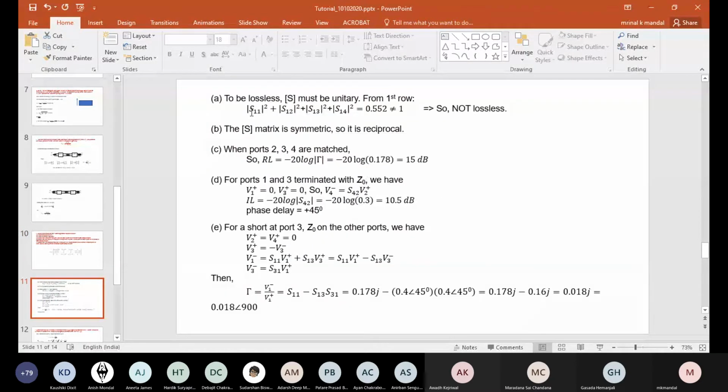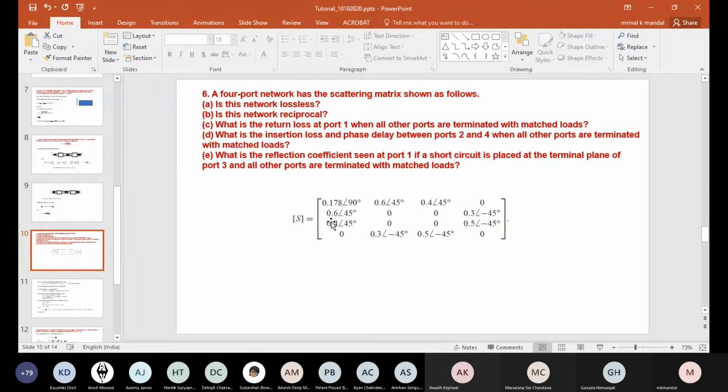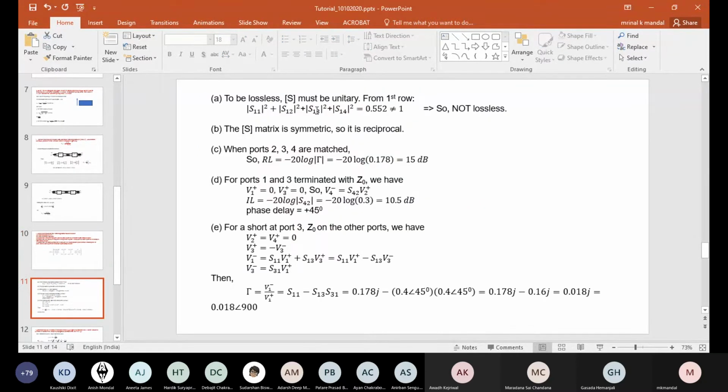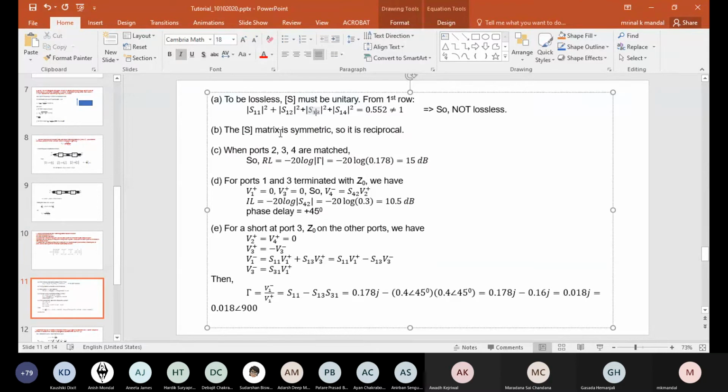Just for the first column we did, and we found that it is not equal to 1. We are considering magnitude, you check. So we have to consider 0.178, 0.6, 0.4, and so on. It is from energy conservation.